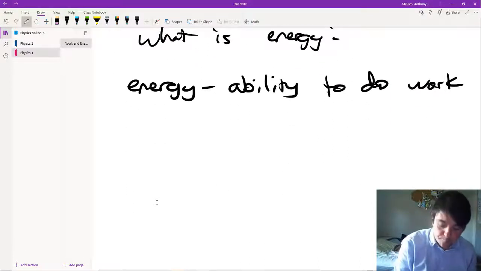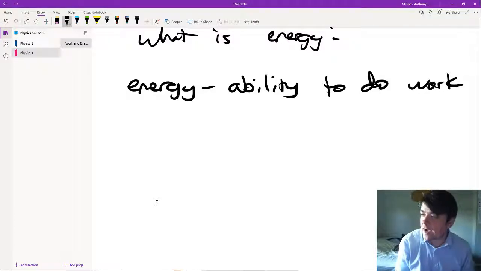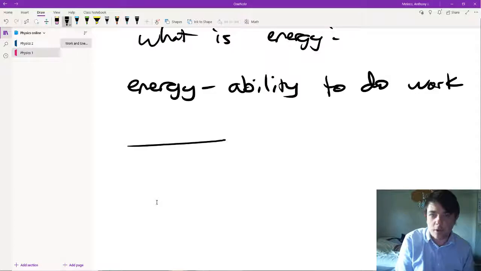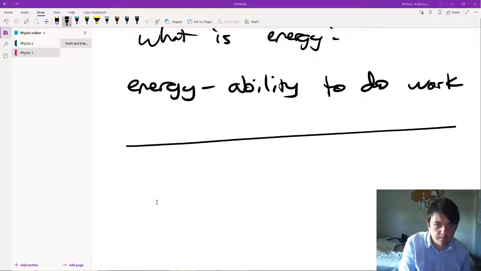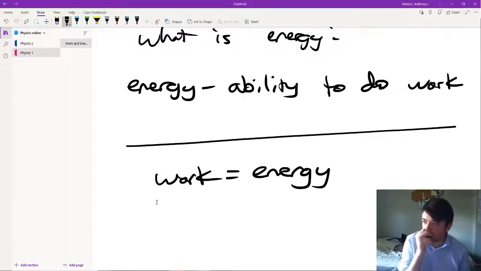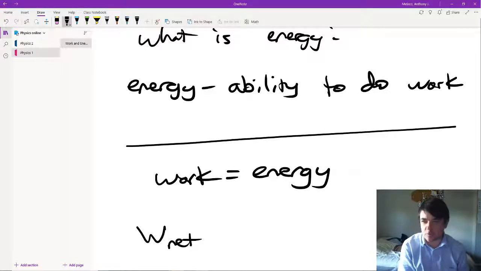So that's kind of how this will work. Now that we've seen work equals energy, different kinds, but work does equal energy, I'll do a very short derivation of this because we've already done a lot of derivations today.